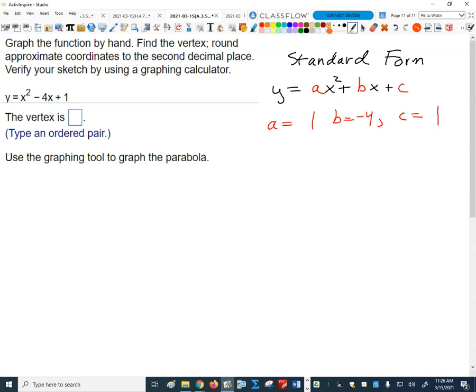Type in the formula. We have to find the vertex. So type in the formula for calculating h, please. What's our formula for calculating h?